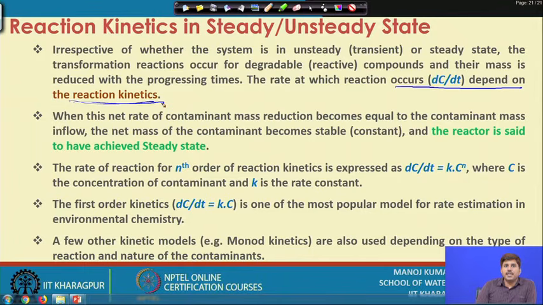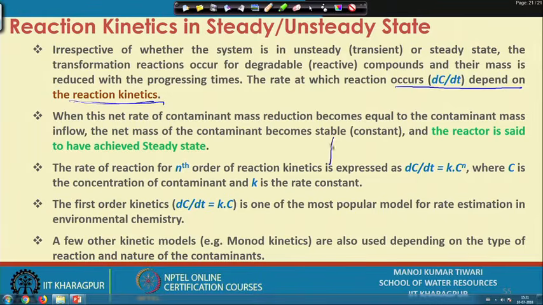So, when the net rate of contaminant mass reduction becomes equal to the contaminant mass inflow, the net mass of the contaminant becomes stable, and we say that our system has achieved steady state, and that is why we do not take that term as 0.